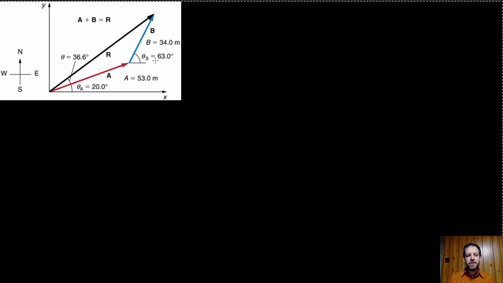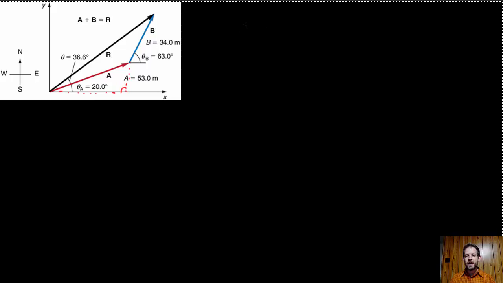So, in order to add vectors analytically, or with trigonometry, with mathematics, you have to split them into their components. So you have to split the A vector into its X part and its Y part. And to do that, we use simple trig ratios. It's really, really that simple.